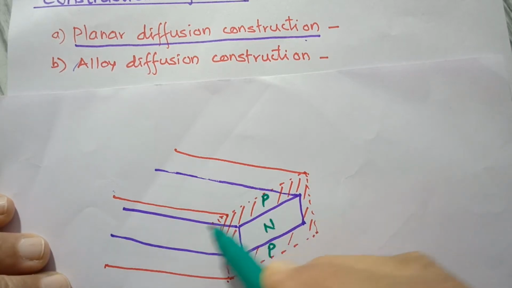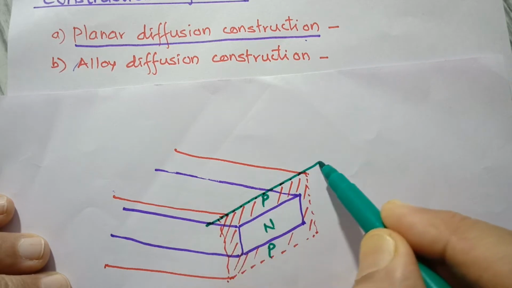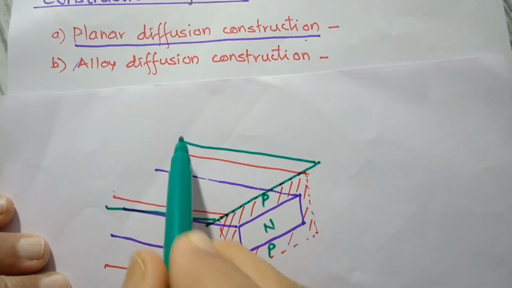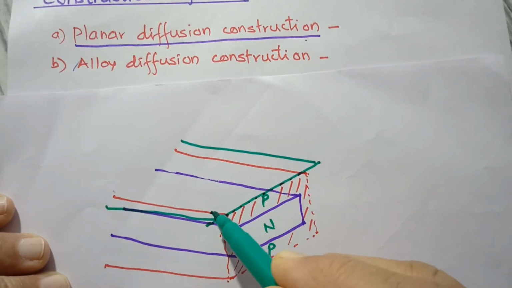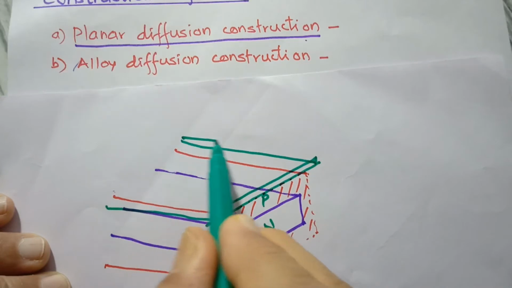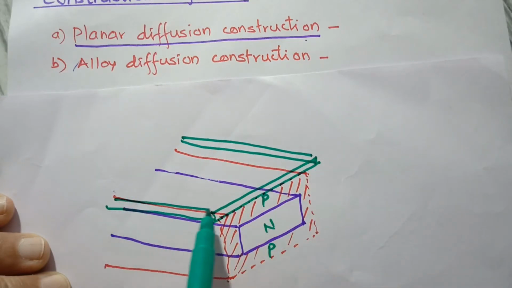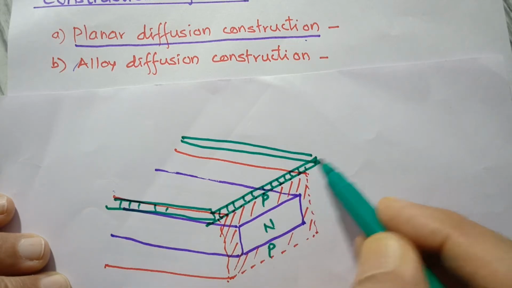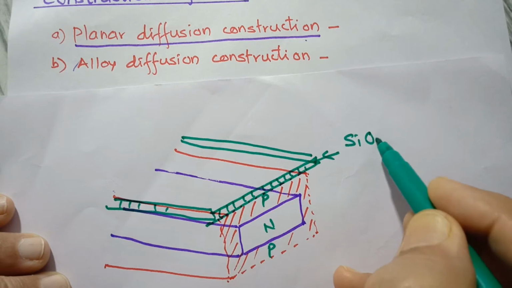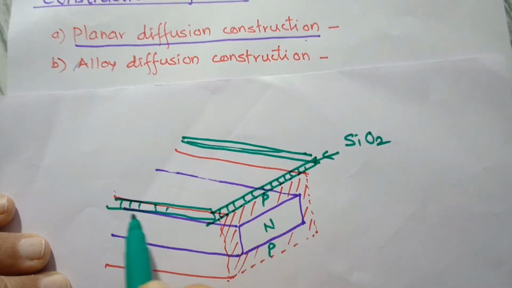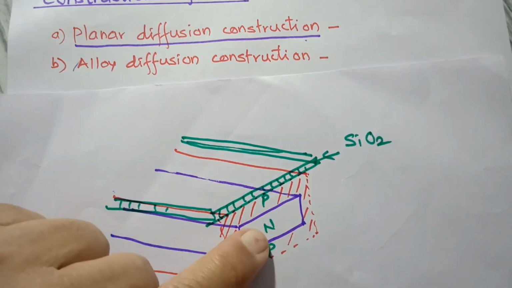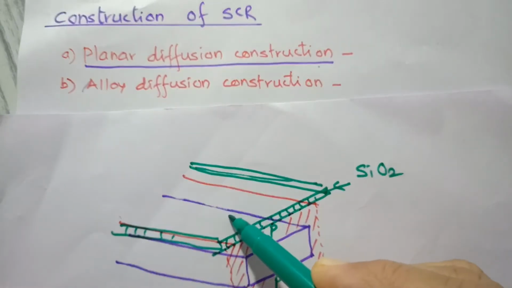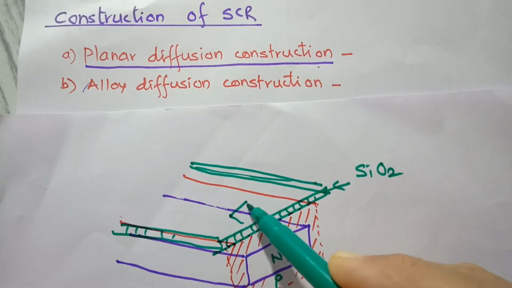Then at the top or one side, it is masked with the SiO2 layer. SiO2 means silicon dioxide, and it is a best insulator, right? So this PNP slice is masked by SiO2 and windows are cut here.